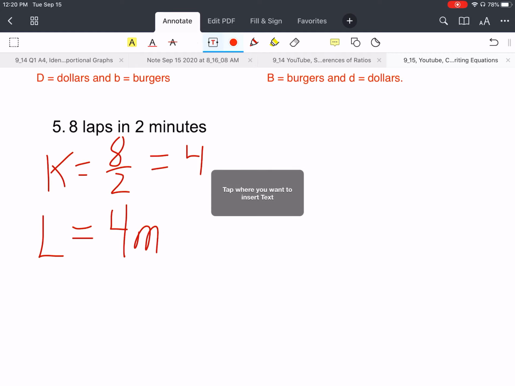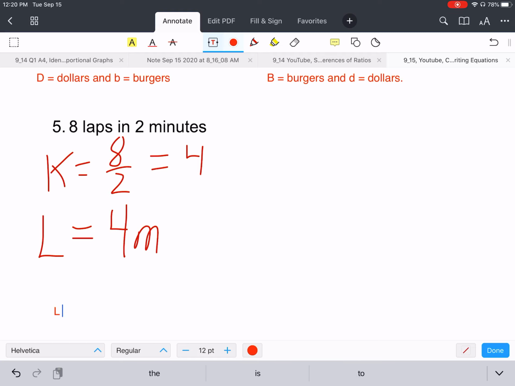And we would say that L equals laps and m equals minutes. And if you look at this equation, if you multiply the number of minutes by 4, then you should find the number of laps.